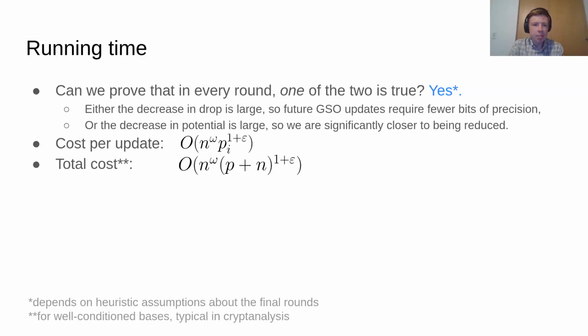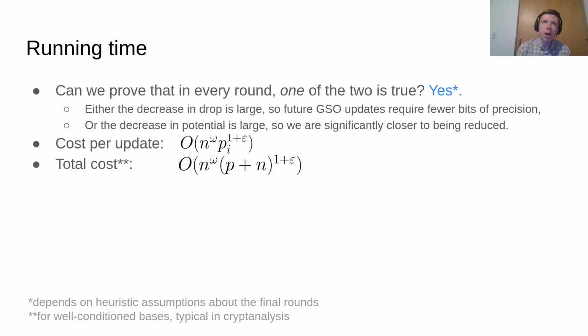We achieve a similar cost per update and a similar total cost as the algorithm from 2021 with some caveats. One caveat is that we use heuristic assumptions, and another is that these are for well-conditioned bases, as is typically found in cryptanalysis.